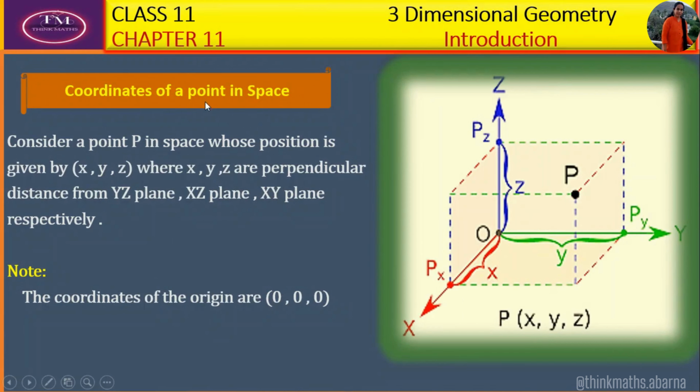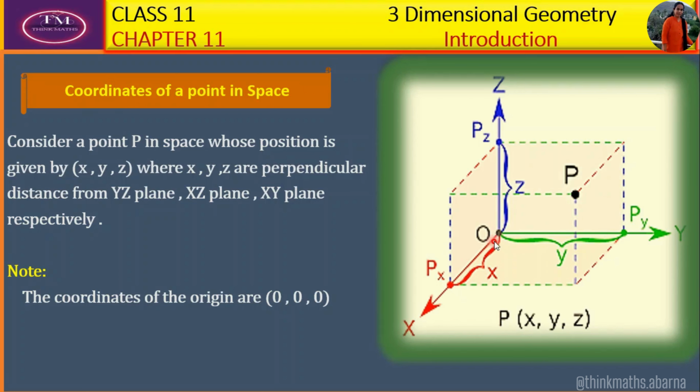coordinates of a point in space. This is the three dimensions x, y, and z. We took a point P in space. This point is nothing but the perpendicular from x.